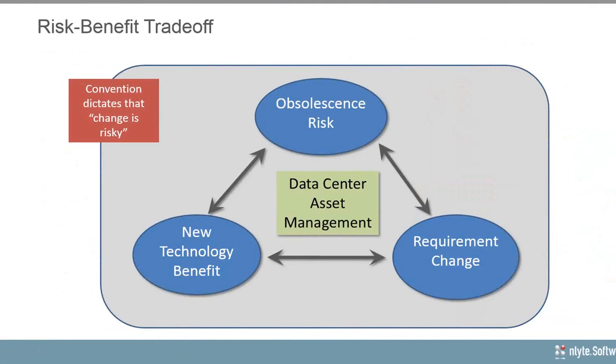But the convention is, hey, if it ain't broke, don't fix it. But I would contend, and the research that's been assembled says, that change is risky. But the flip side is really that not changing, the status quo, is actually risky. And we'll get into that research that shows exactly that. So keep all this in mind as we progress through the presentation.